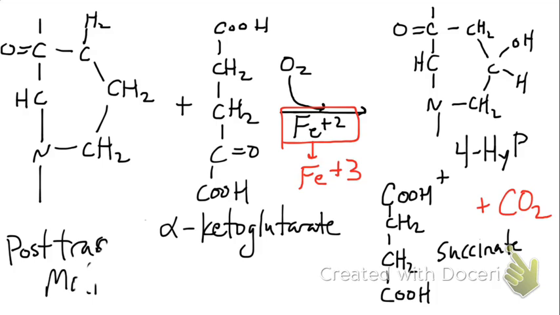It becomes oxidized, right? It becomes oxidized. And so when it becomes oxidized, it becomes Fe plus 3. So, how can we help this iron out? Because at Fe plus 3, it can't function. We can't do this. And so what can we do?